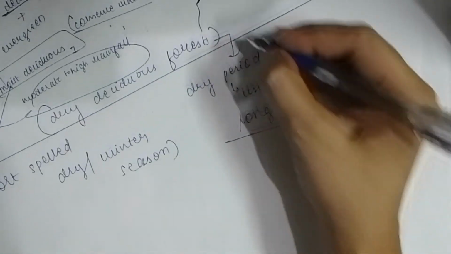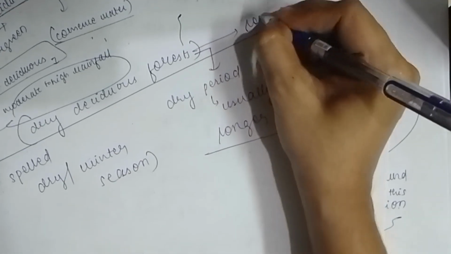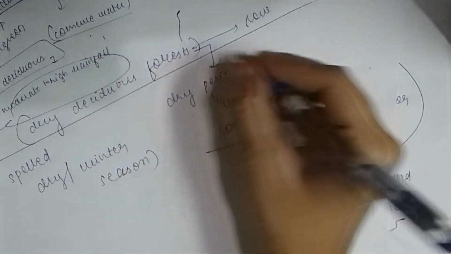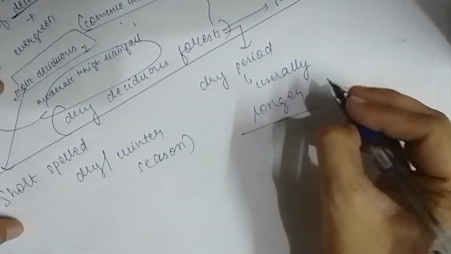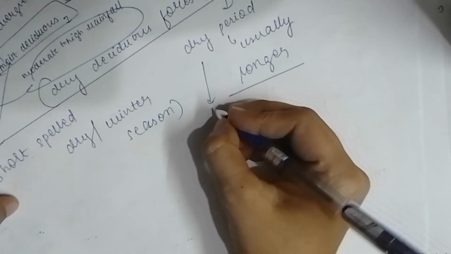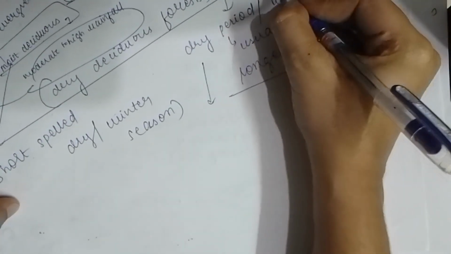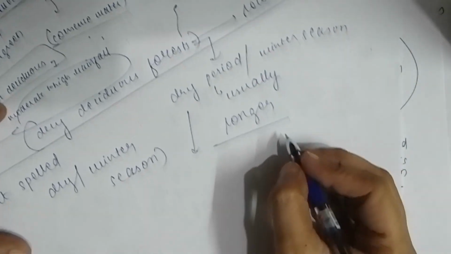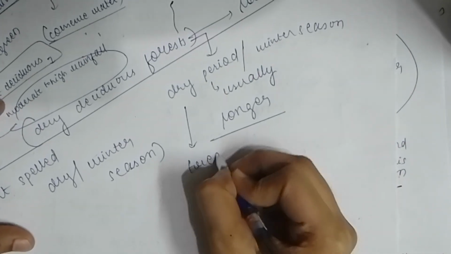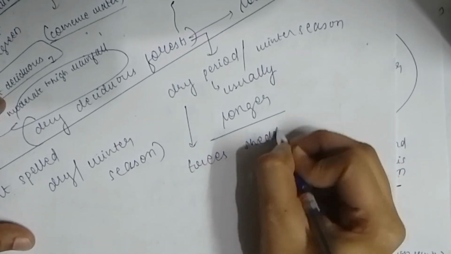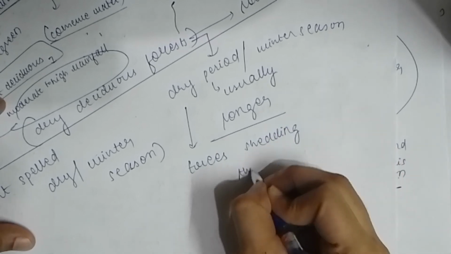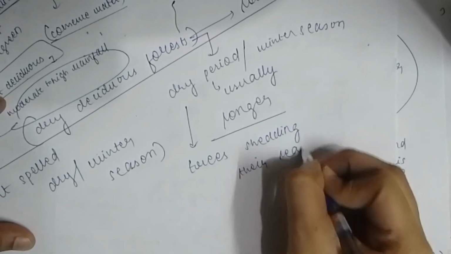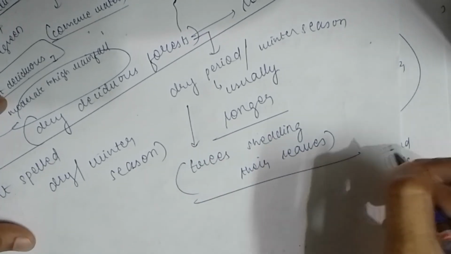Even rainfall is low here compared to that of moist deciduous. Since the dry period of the winter is usually longer, the trees shed their leaves for a longer duration.